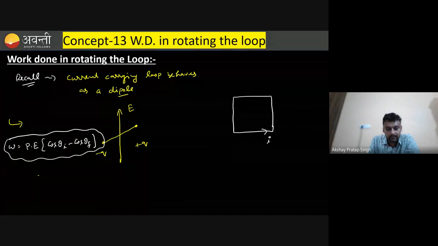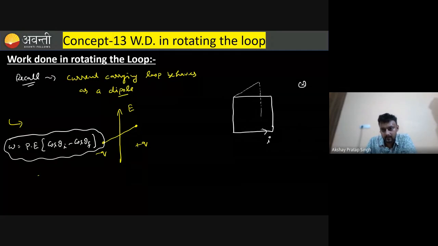Now, in the same way, if I talk about, let's suppose this is the loop, it behaves as a dipole. Now, if you rotate this dipole, let's suppose you are rotating, the field is into the plane, and you are rotating this dipole something like that. Can you see that the dipole is rotated inside?